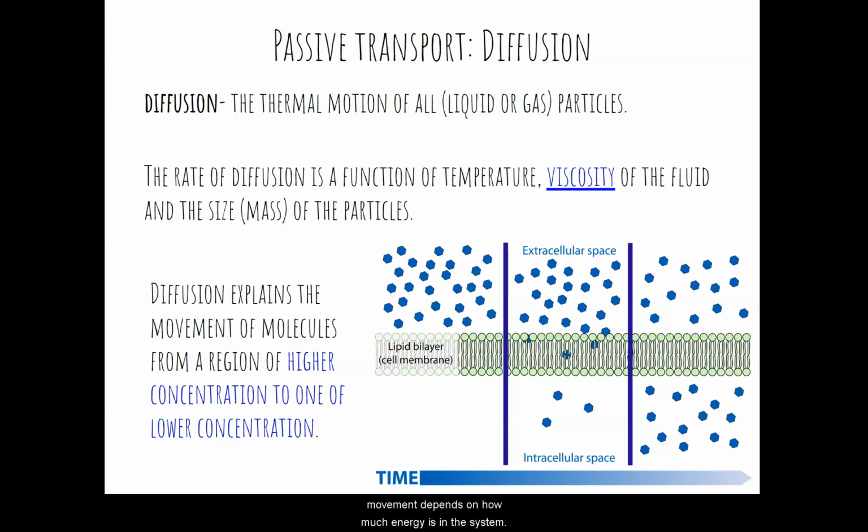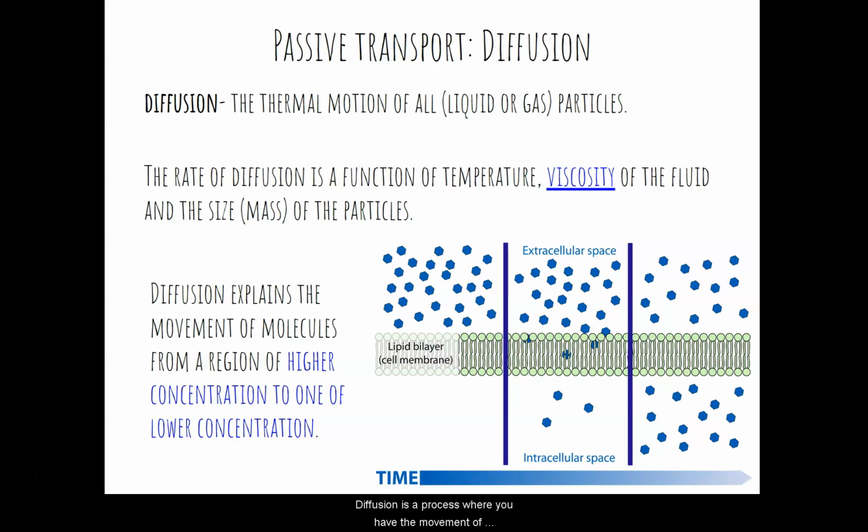And the speed of their movement depends on how much energy is in that system. And our way of interpreting that is temperature. So the hotter things are, the faster they move around. The colder, the slower those molecules move. And the little vibrations or movements of each molecule are at random. They're not deliberately moving towards or away from each other.